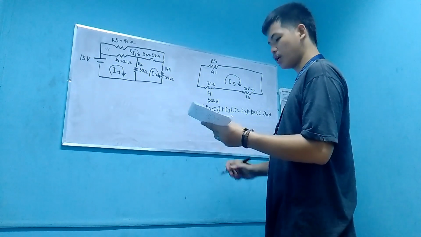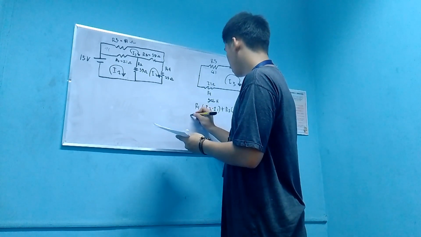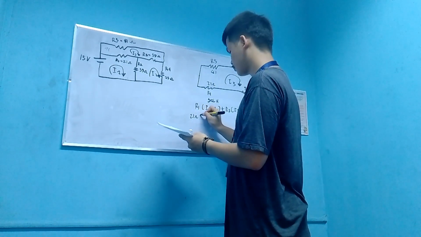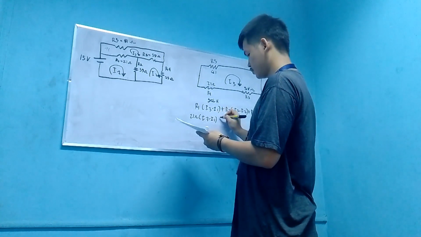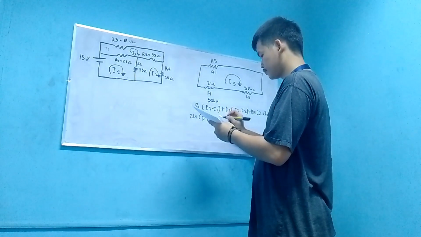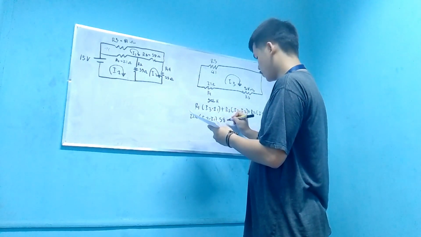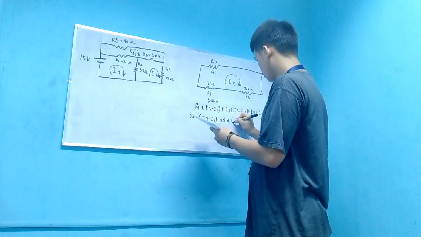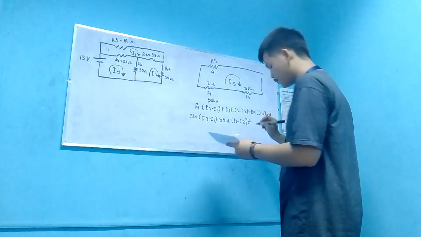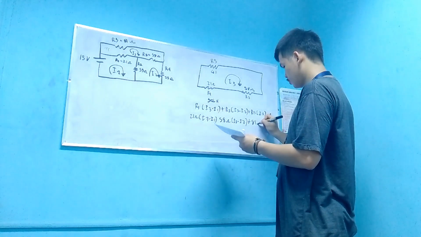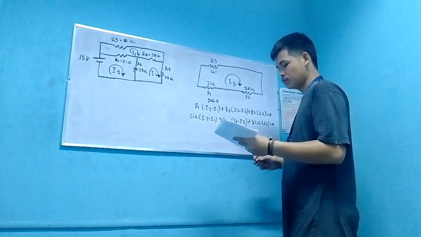Then substitute the given. So our R1 is 21 ohms (I3 minus I1), and 58 ohms for R3 (I3 minus I2) plus R5 is 81 ohms, I3 equals to 0.